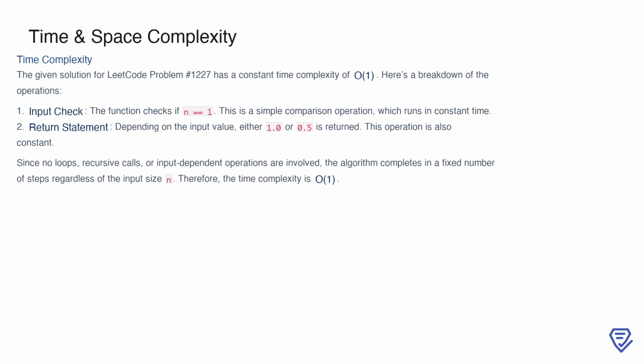Next, based on the input, the function immediately returns either 1.0 or 0.5. This return statement is also a constant time operation since it does not depend on the size of the input. With no loops, recursion, or input-dependent calculations, the solution executes in a fixed number of steps. As a result, the time complexity is O(1), making it highly optimized and predictable in performance.